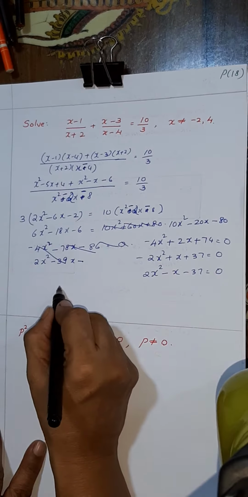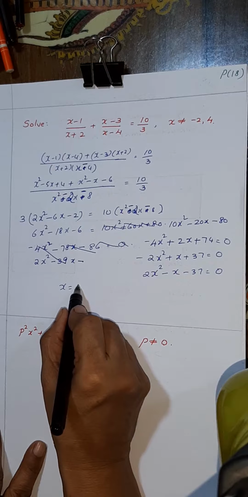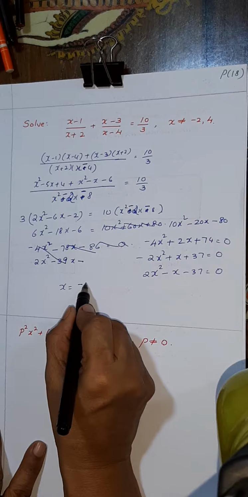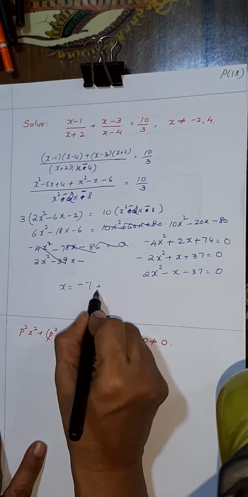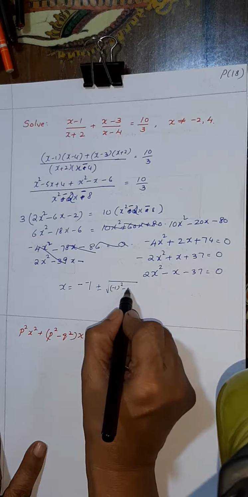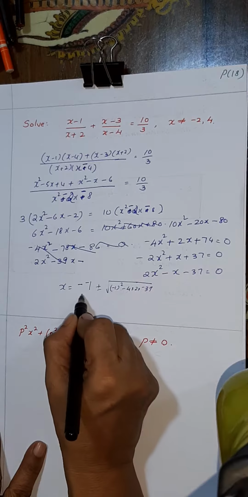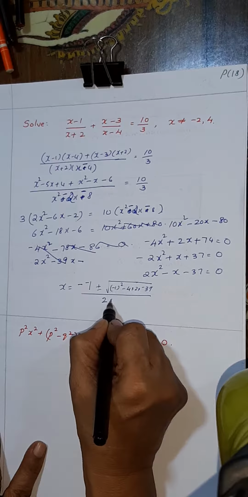Now using the formula x is equal to minus b, so this will become plus 1, plus or minus root of b squared, minus 1 the whole squared, minus 4 into 2 into minus 37, by 2a, 2 into 2.